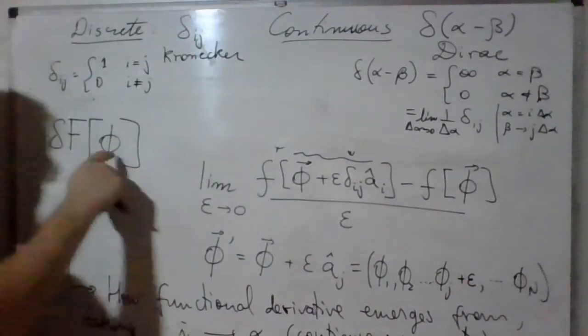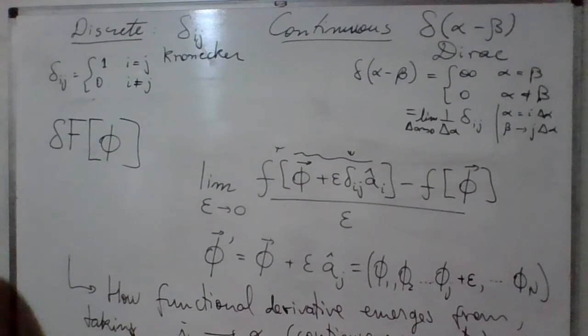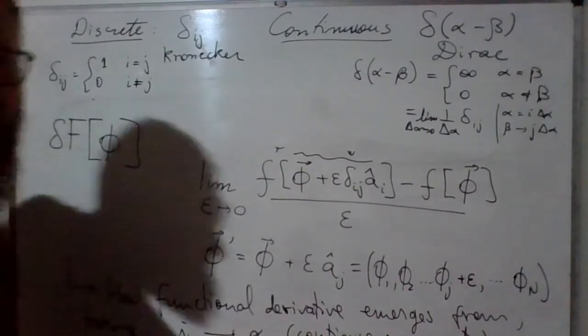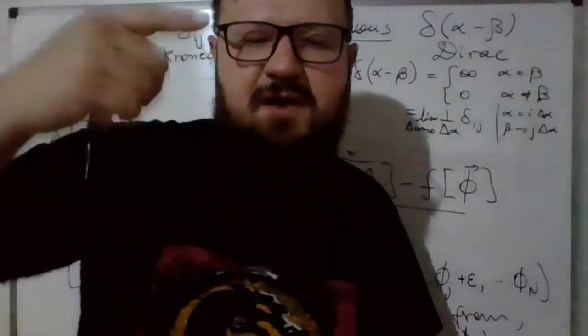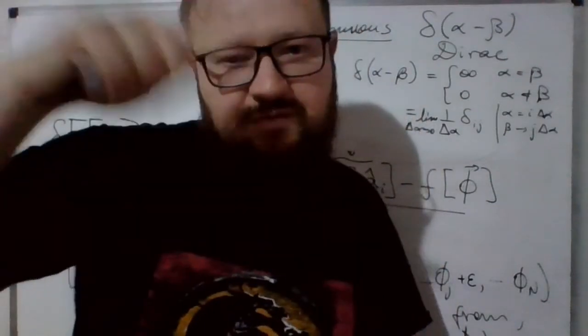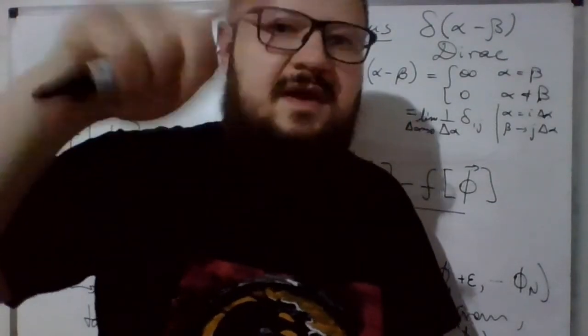So this phi here, which in the discrete case would be a vector phi1, phi2, phi3, now it's a function phi of alpha.